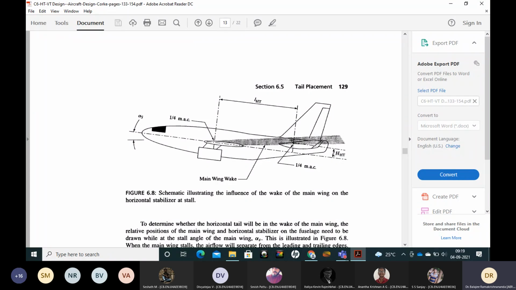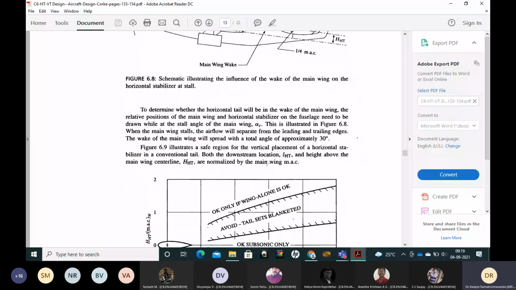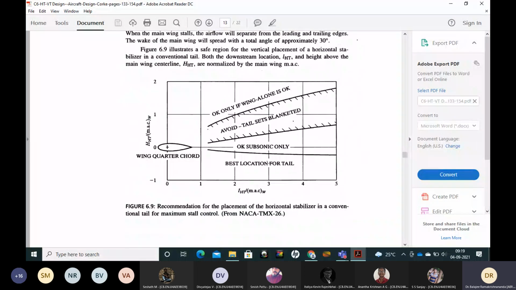Now this height HHT, a similar line is drawn from the horizontal tail, parallel to the fuselage center line. How high should the horizontal tail be placed? That is the question. The wake region should not affect it much during most of the flight.